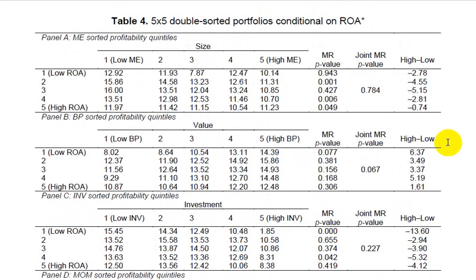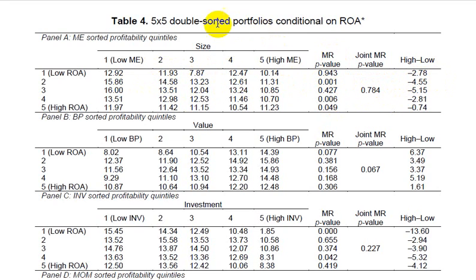And next we're looking at profitability for each of the different factors. Starting with the size factor, we see that we're in line with smaller companies having larger returns across all the profitability quintiles. However, the MRP value is really inconclusive as far as a monotonic relationship, and actually this is a very high p-value.